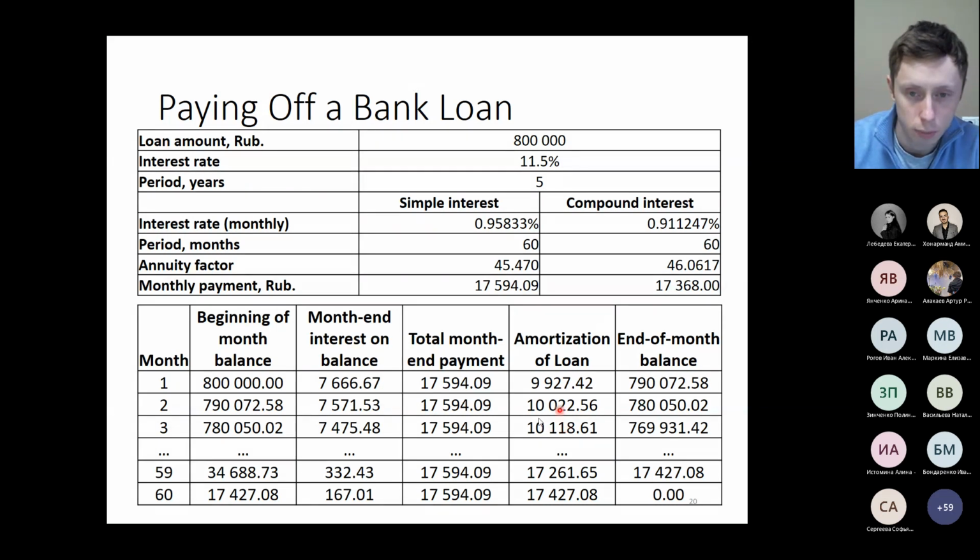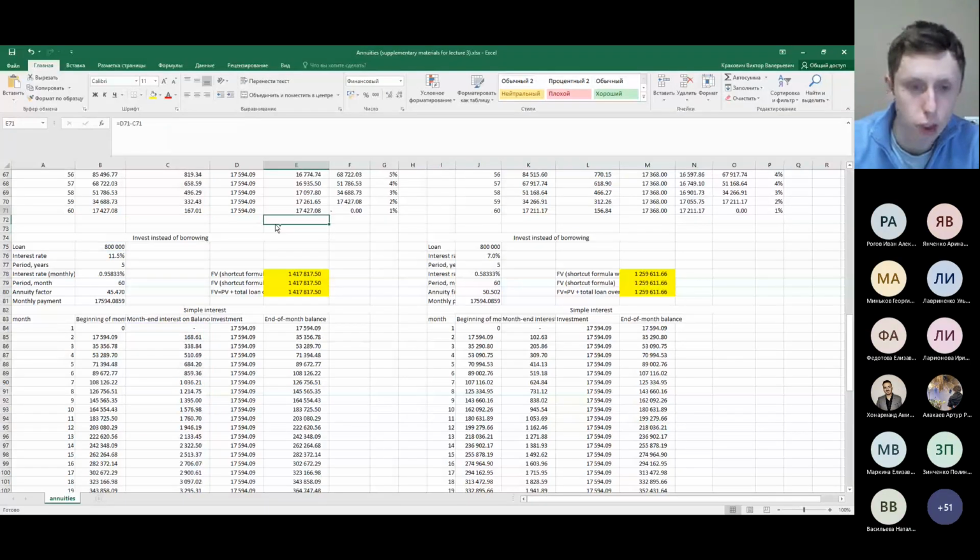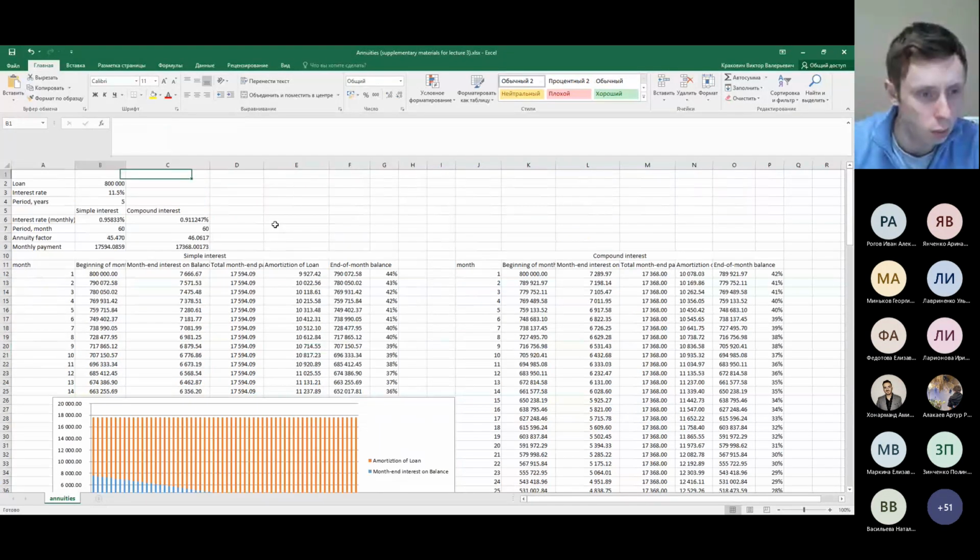I would open now the Excel spreadsheet where we have it. Yeah, here it is. I would share this file with you. And by the way, you can use it not only for the course, you can use it in other settings.